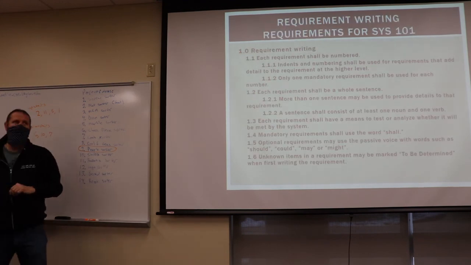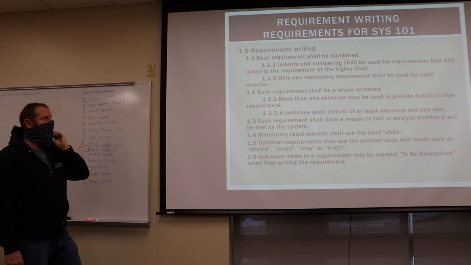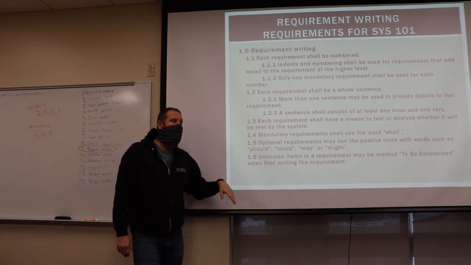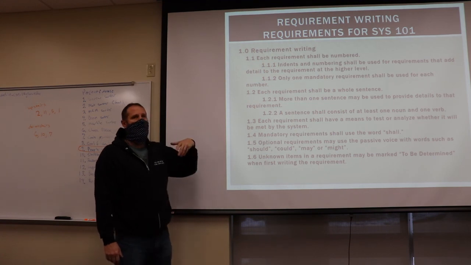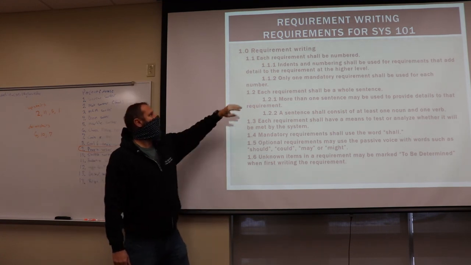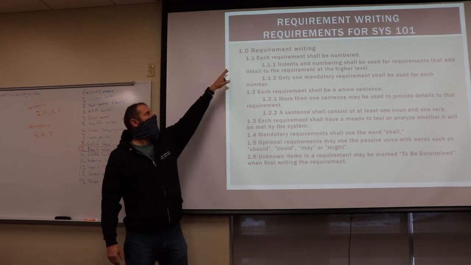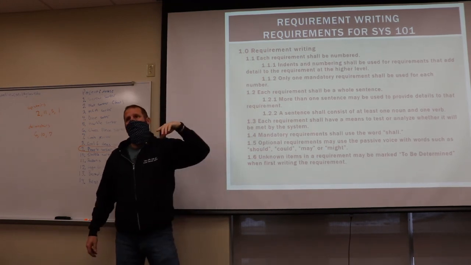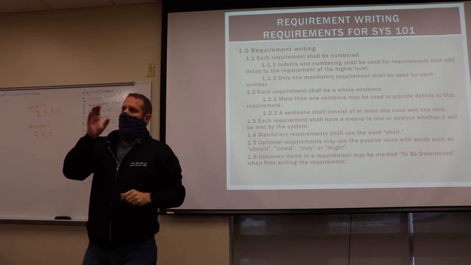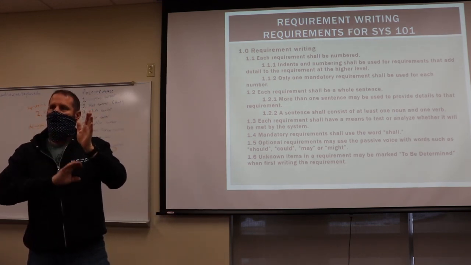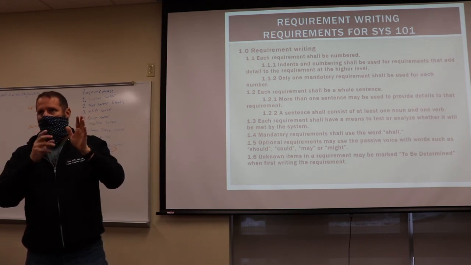Requirement writing. When we write our requirements, there is a formatting system for this. Top level requirements are going to have their major heading, so 1.0. Sub-requirements underneath that are going to be indented, and then sub-requirements of that sub-requirement are indented further.